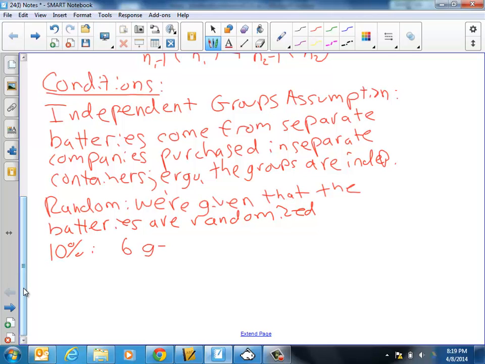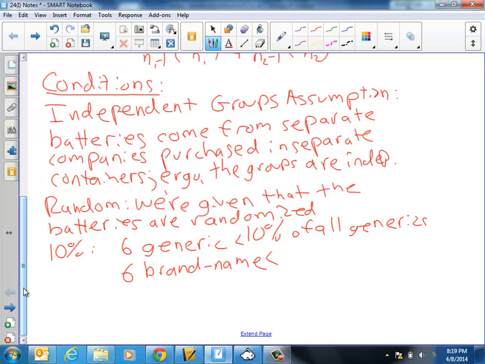Certainly 6 generic and 6 brand name are both less than 10% of all generic and 10% of all brand name batteries. Okay, well, brand names standing for brand name batteries.